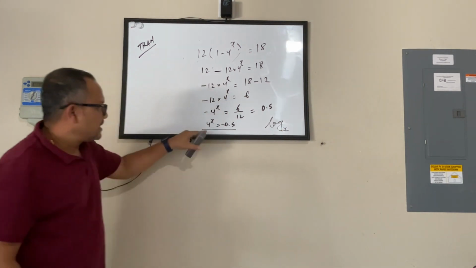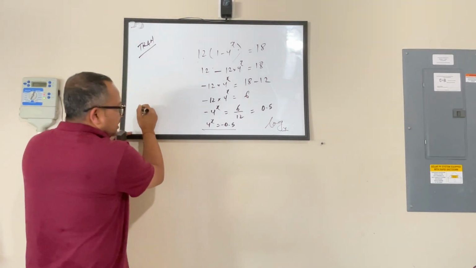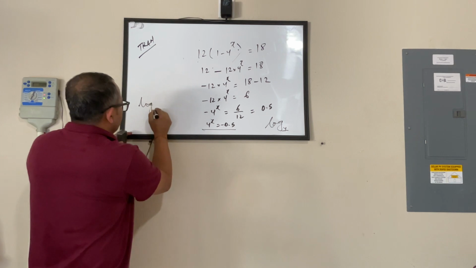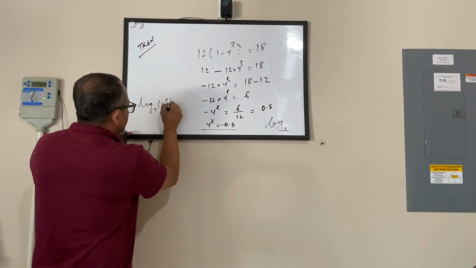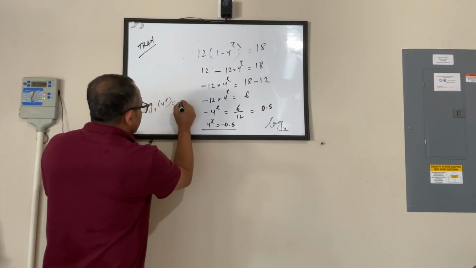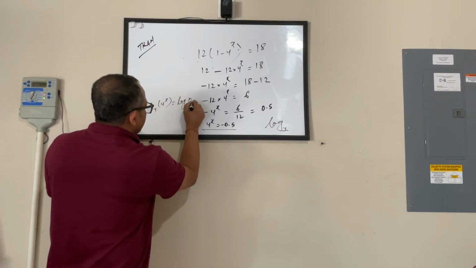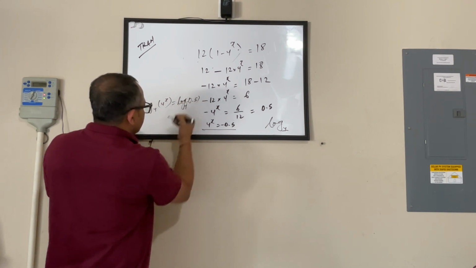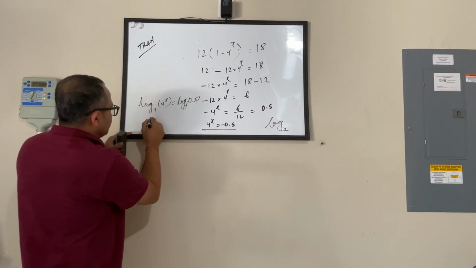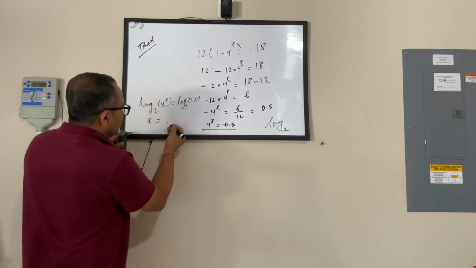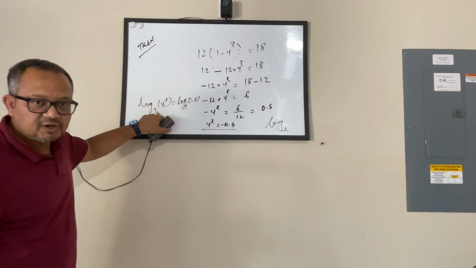If I do that, it becomes log 4 to the power x equals log 4 minus 0.5. Okay, and this becomes x log this thing, right? This is what it becomes, right?